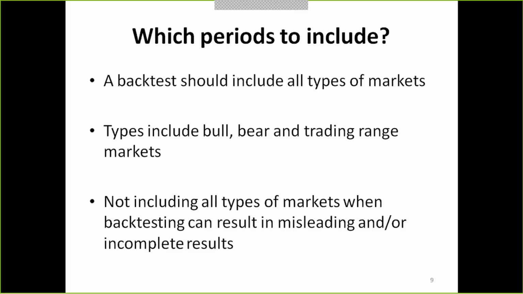Later, when the market turns bearish, you may get surprised because you may have created trading rules that work well in a bull market but don't work well in a bear market. So you do need to include all types, and you have to remember to include the trading range markets where the market is just moving sideways for some length of time.